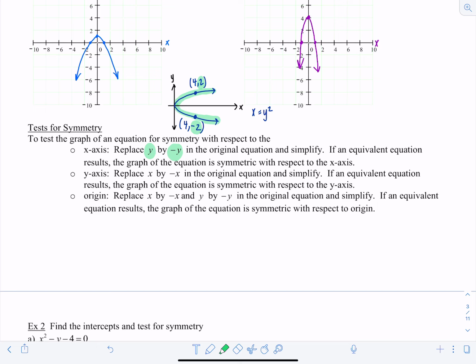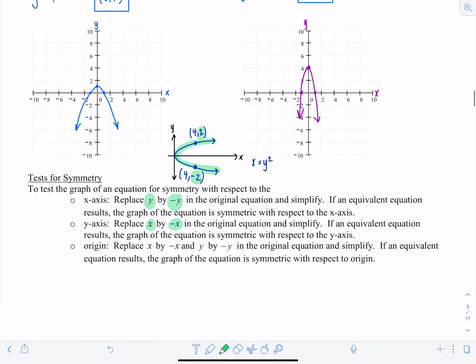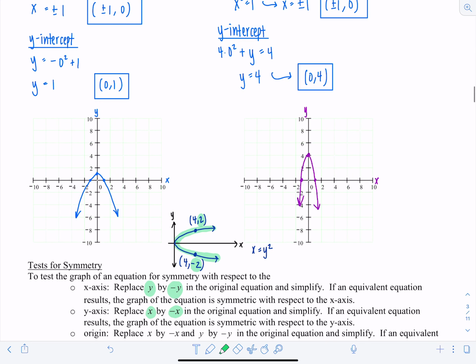Next, if you're testing for symmetry about the y-axis, you're going to replace, this time, x with negative x in the original equation and simplify. And if an equivalent equation results, then that means the graph is symmetric with respect to the y-axis. The previous two parabolas that we just graphed in the first example were symmetric with respect to the y-axis.